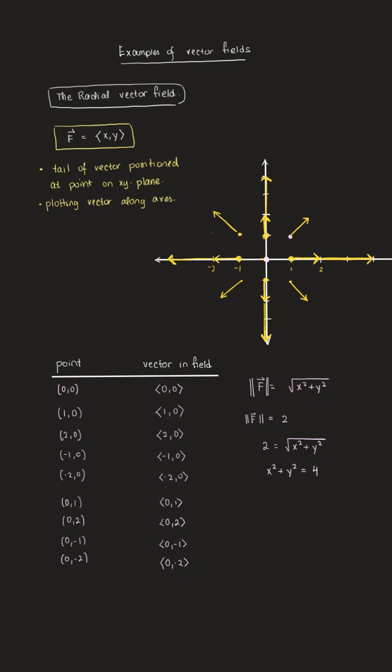So our vectors that come out of a circle of radius 2 will have a magnitude of 2. That might help us draw some additional vectors here. If I'm a distance of 2, you know that we're going to have a vector of length 2 here, a vector of length 2 here. And so you can see the radial shape of this vector field.